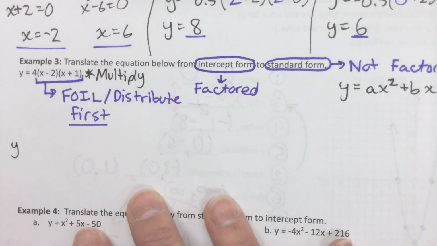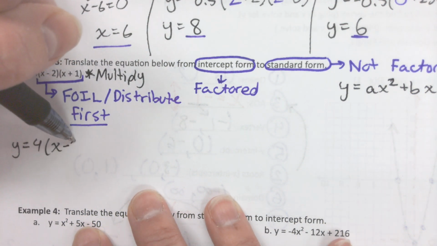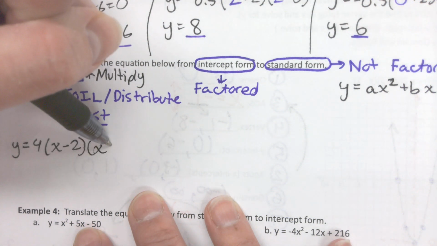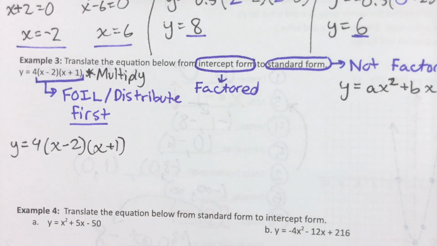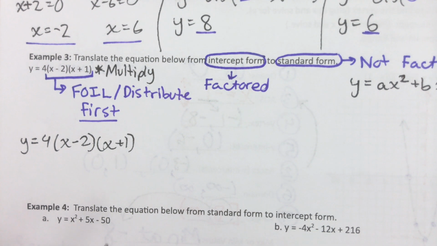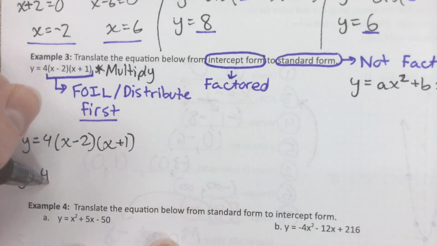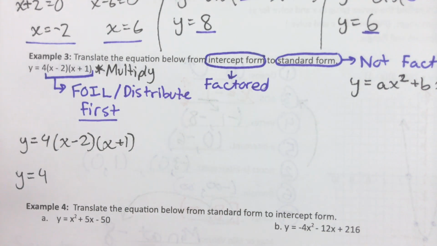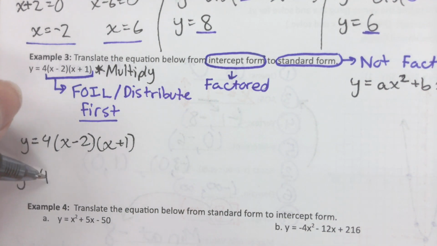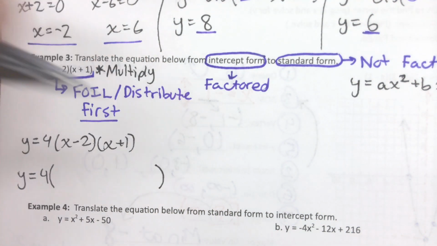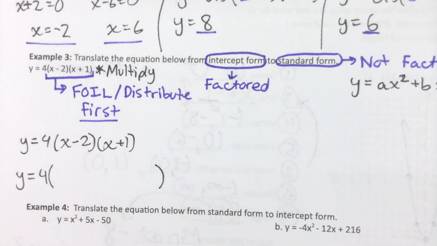I'm going to bring the problem down. Y equals 4 times (x minus 2) times (x plus 1). And again, we're going to FOIL these. So I'll bring down y equals 4 because I'm not touching that right now. In these parentheses, I'm going to put what's left after the FOILing.